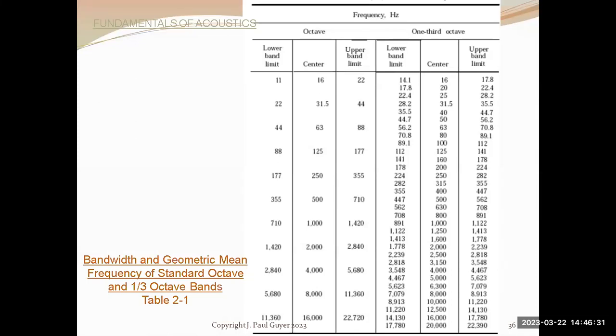You keep going through this table until you get to the bottom, the highest frequency acoustic octave. The lowest limit is 11,360, the highest is 22,720, and the center of that octave band is 16,000 hertz. So this table shows octaves from 16 through 16,000, from a very low sound to a very high-pitched sound.